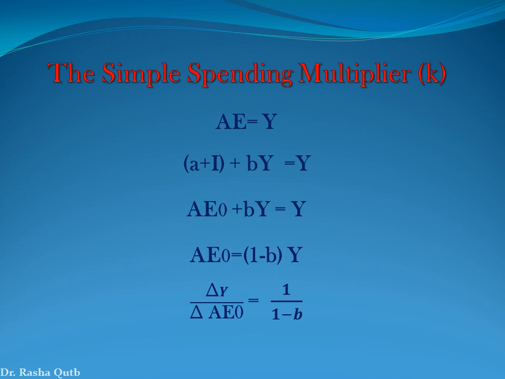Again, the simple multiplier K refers to the final change in equilibrium national income resulting from a 1-unit change in autonomous spending inside the economy. It equals 1 over 1 minus B. It relates to the MPC, to the way that people direct their spending to consumption.